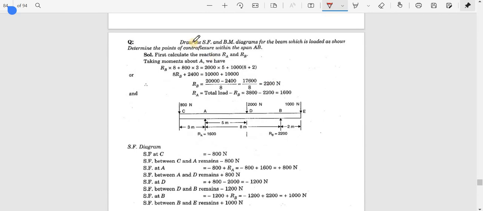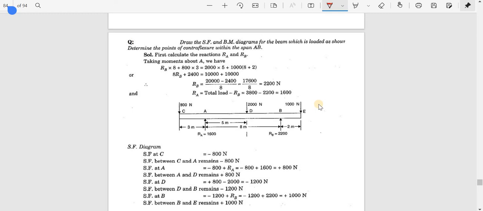Now again another problem is given. Here you have to find out the shear force and bending moment, and here there is overhanging on the two sides. So we have to calculate the shear force diagram and bending moment diagram with overhanging on both sides.